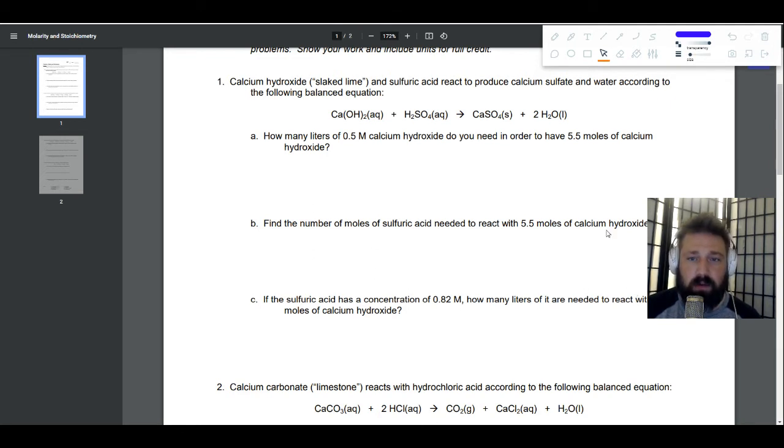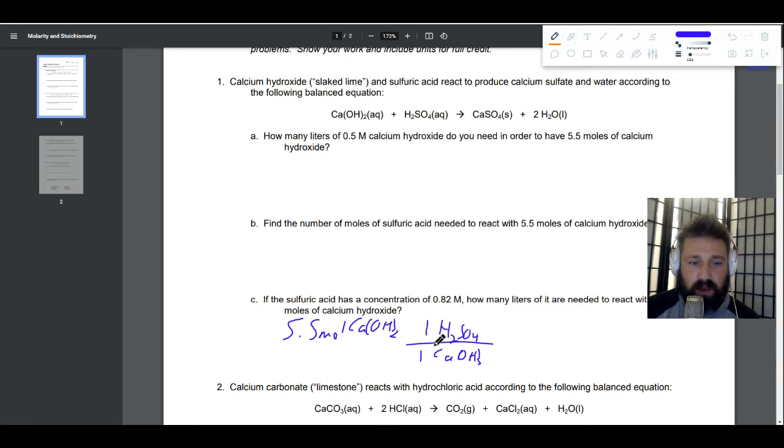Well, we know already from part B that we have 5.5 moles of calcium hydroxide. To get to sulfuric acid, we can just do a 1 to 1 stoichiometry step.